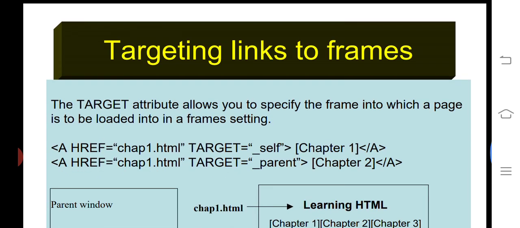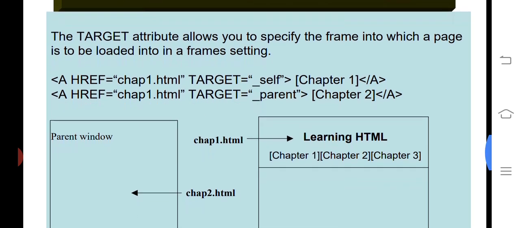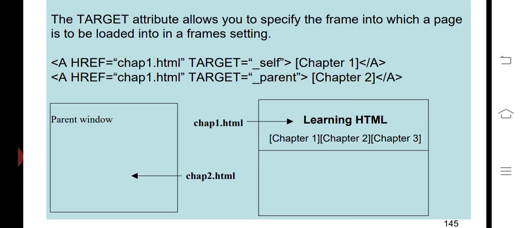Target linking to frames, that's all. This is the last PPT. The attribute allows you to specify the frame into which a page is to be located in the frameset. So two hrefs are used. Likewise, that frame is also displayed.